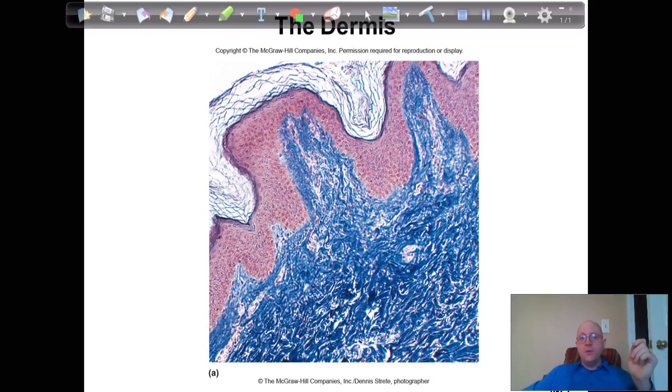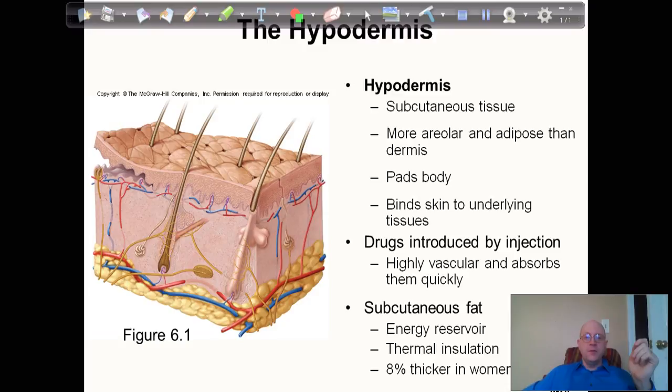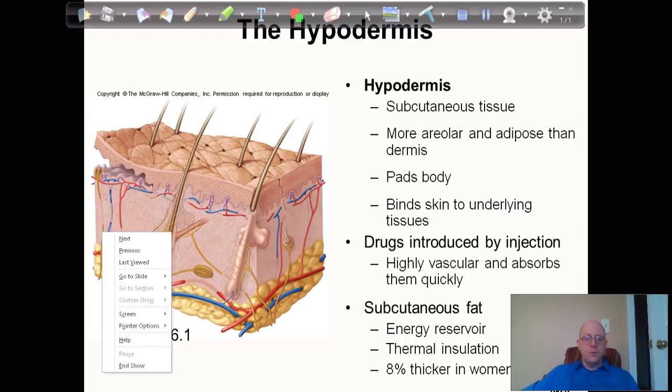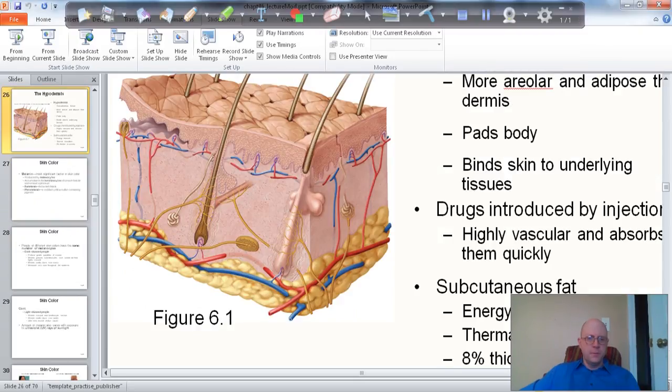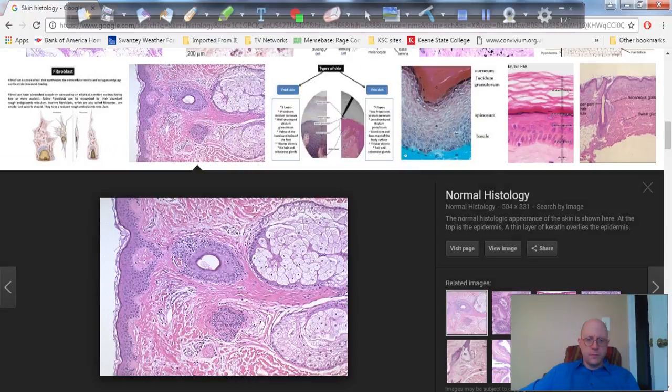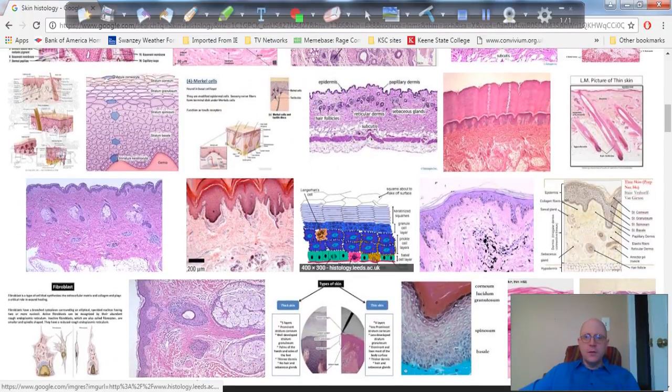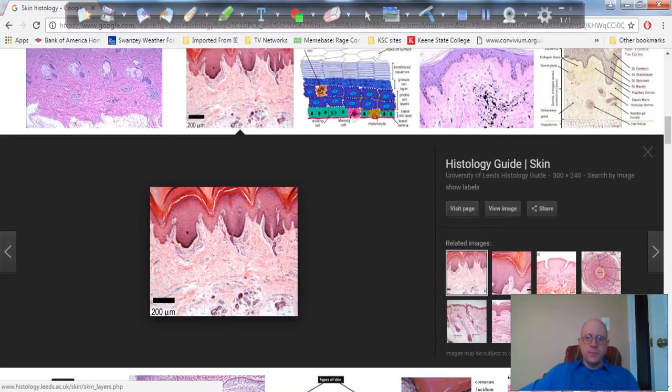Which is why, if you have thick skin, then you may see that those dermal papilla are particularly intense and cause friction ridges. Like this one. Right? So they're the dermal papilla, causing the epidermis to kind of go up and down in big bumps.